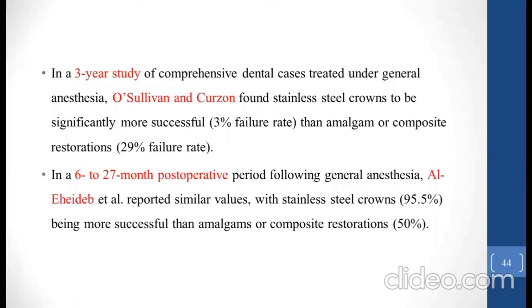In a 3-year study of comprehensive dental cases treated under GA, O'Sullivan and Curzon found stainless steel crowns to be significantly more successful, with a 3% failure rate, than amalgam or composite restorations, which had a 29% failure rate. Another study, in a 6 to 27 month postoperative period following general anesthesia, reported a similar value, with stainless steel crowns being 95.5% successful, more than amalgam or composite restorations.